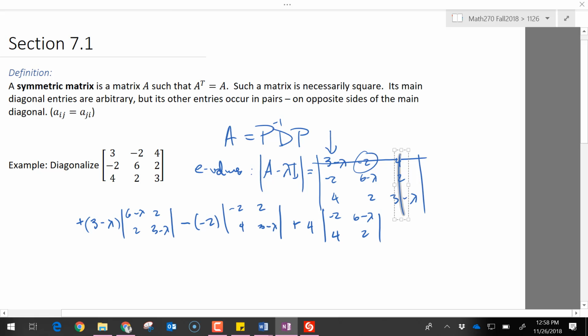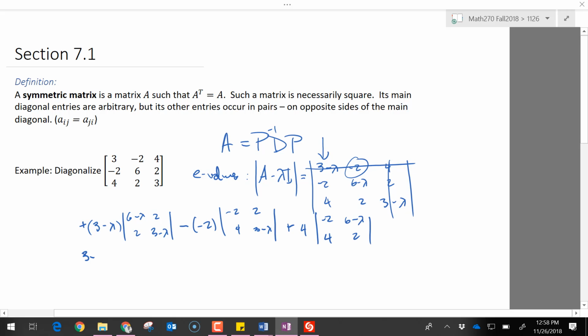All right, so now we are looking at determinants of 2 by 2 matrices. Shouldn't be too bad. We have 3 minus lambda times the quantity 6 minus lambda times 3 minus lambda, minus 2 times 2, which is 4.